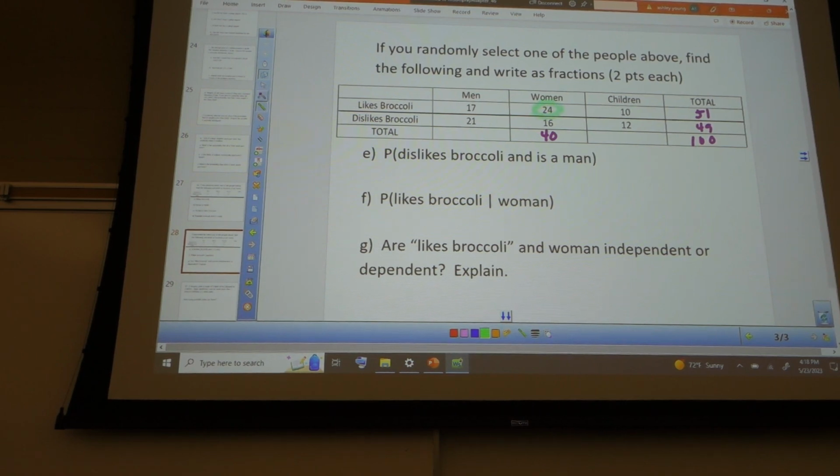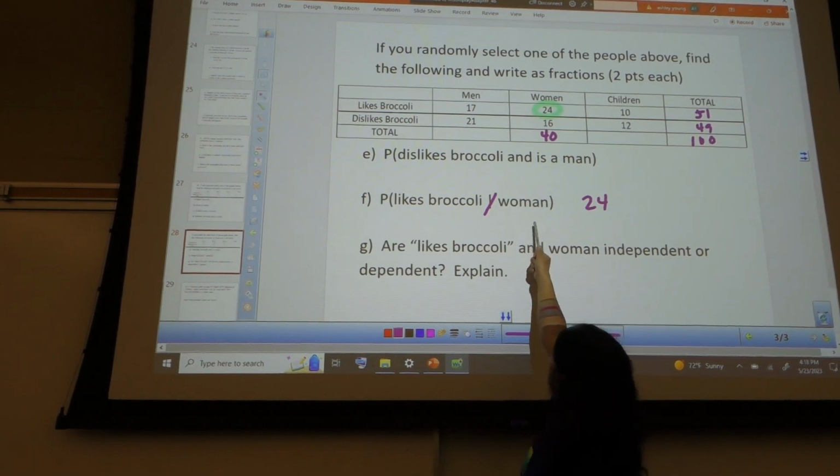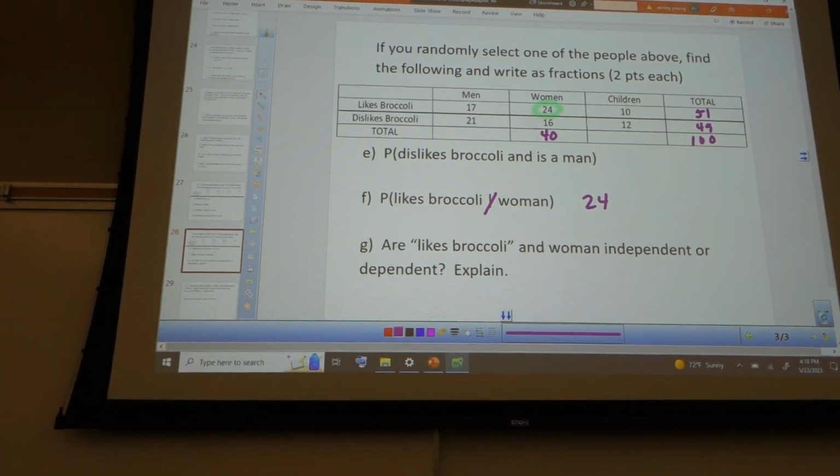People usually get the 24 pretty easily. The question is, they aren't sure what to put on the denominator. See this given symbol, how it's kind of straight up and down? It's very similar to the division symbol. So you divide by the total number of women. So how many women are there? 40.